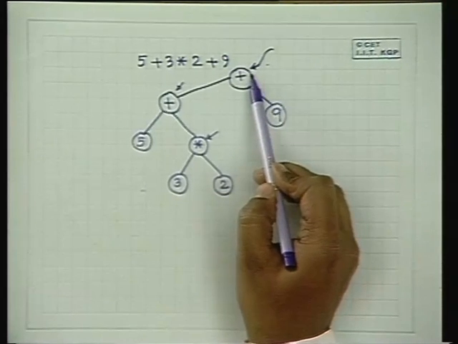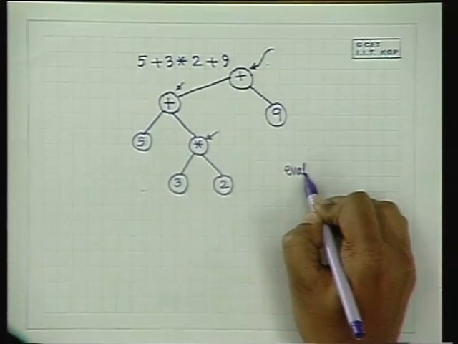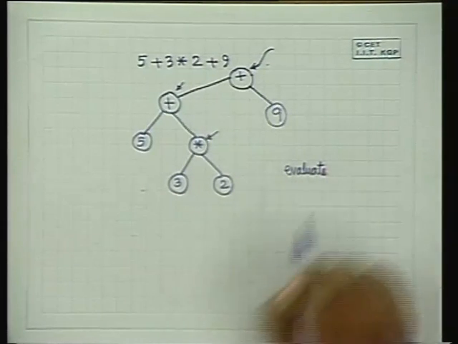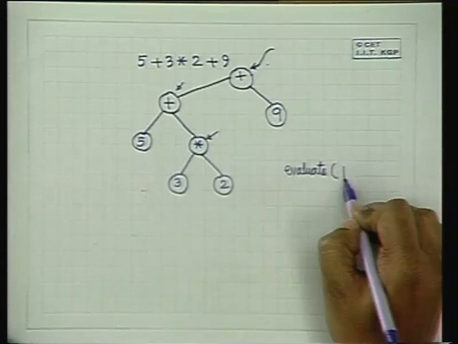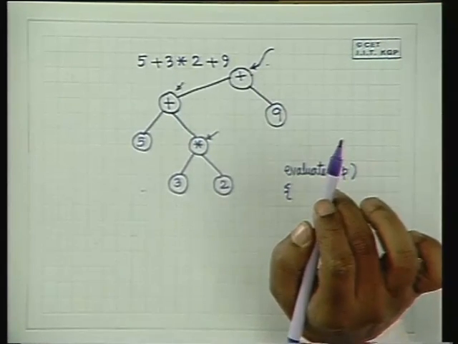So to evaluate a node here, the evaluate function at a node P: if P is null, you return null.